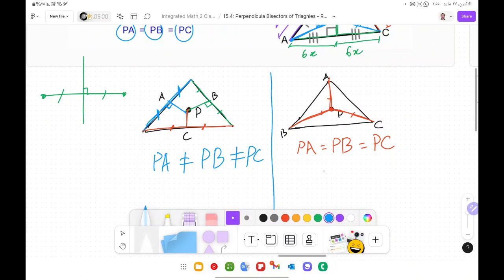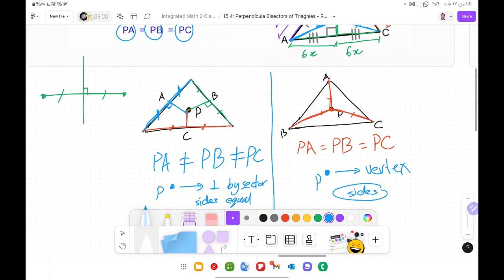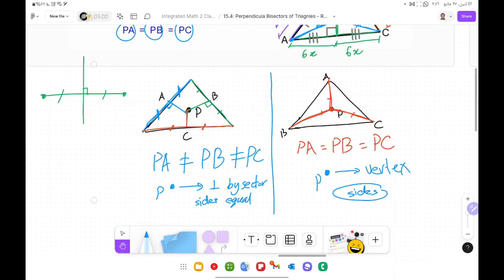In this one we are connecting from the circumcenter to the vertex, but here we are connecting from the circumcenter to the perpendicular bisector. Here we make the sides equal, but in the other, I can't say anything about the sides. I hope you understand this. If you have any questions, please ask me.